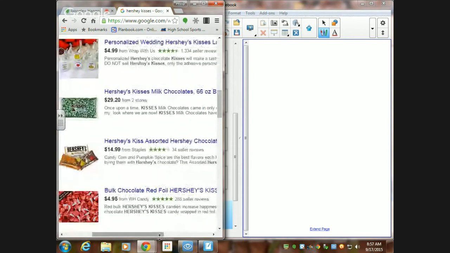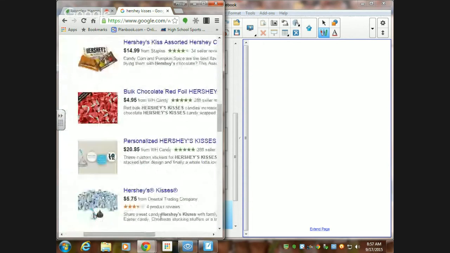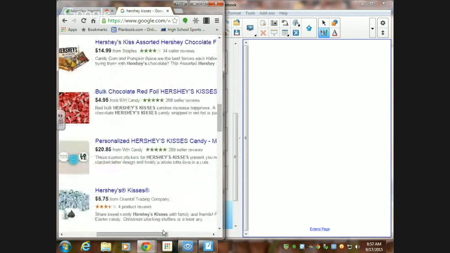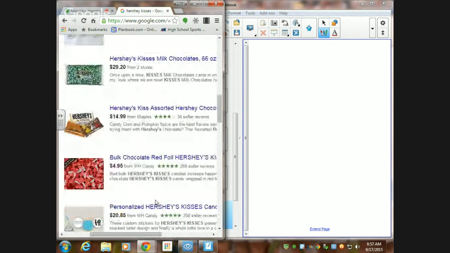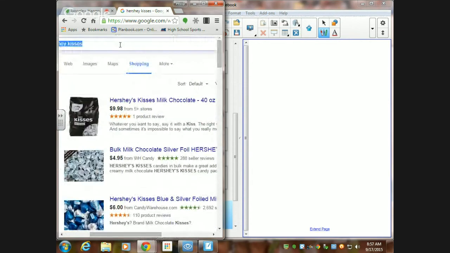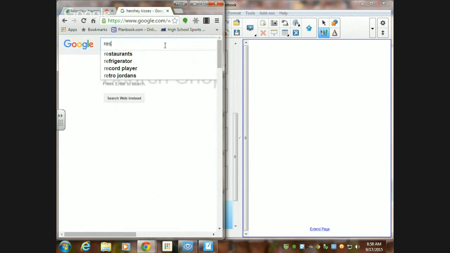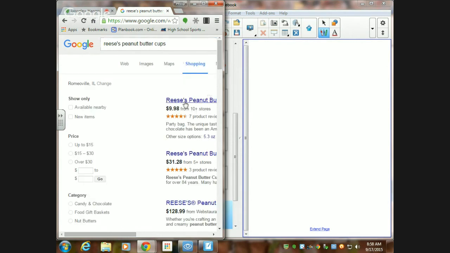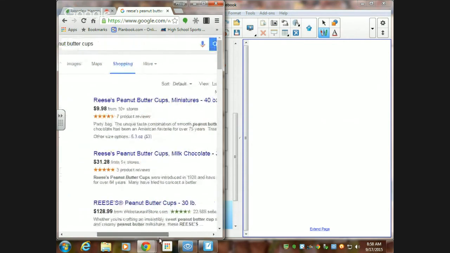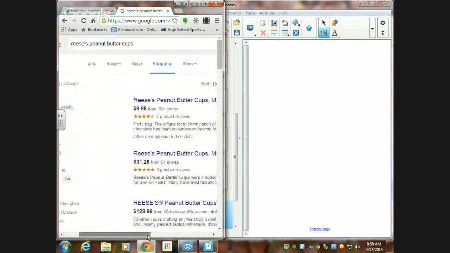Oh, they do theirs by ounces, not count, huh? All right, we'll do, it's called Reese's. Is there two S's? Yes. No, two E's. Do they do theirs? Oh, there we go.